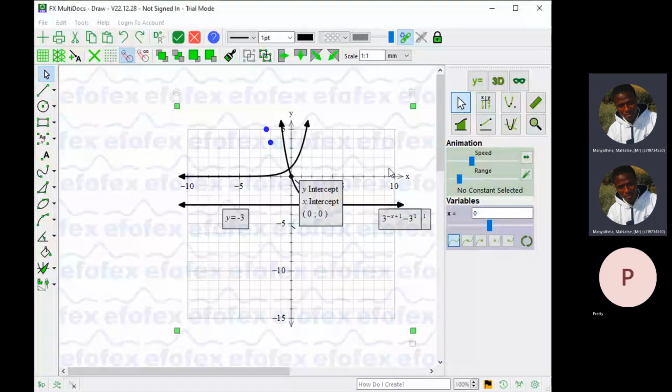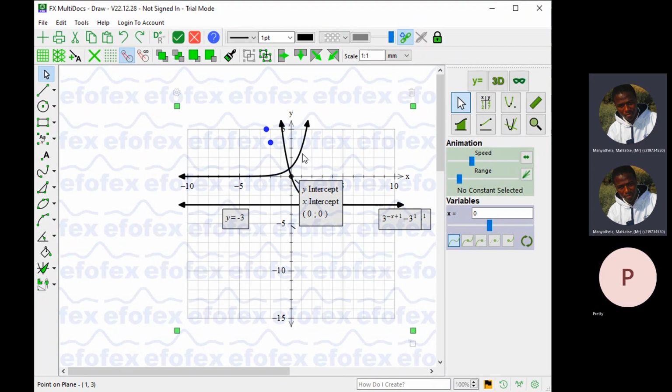Do you see the graph? No, it's not visible. Okay, let me share it. Now, do you see it? Yes. This one is the graph of h.